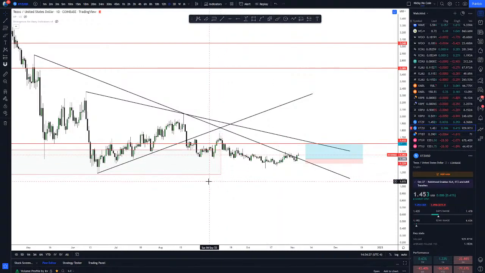This would probably be a pretty safe trade if you get a retest of this breakout here and then just ride it up to this area, 3-to-1. That'd be a safe trade if you can get in down here on a retest.